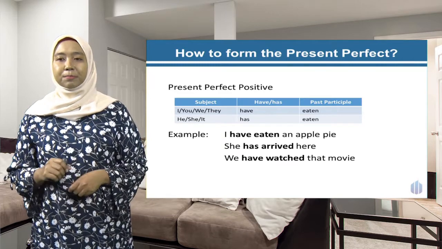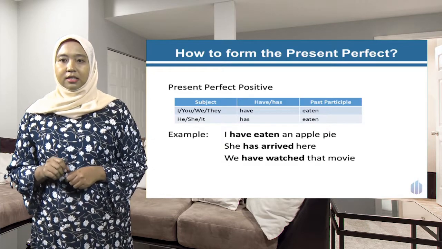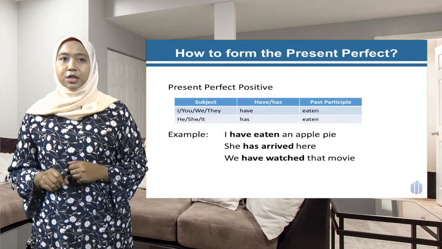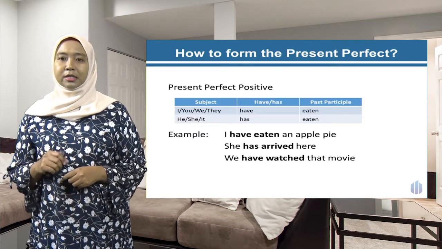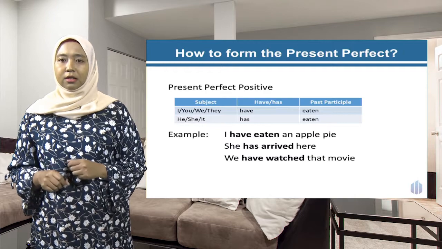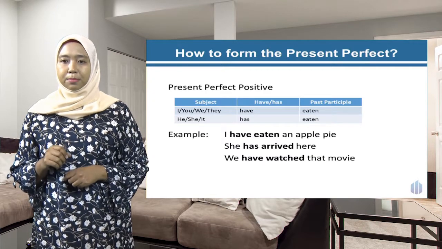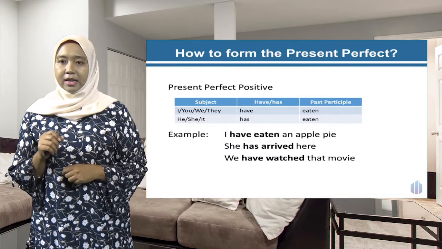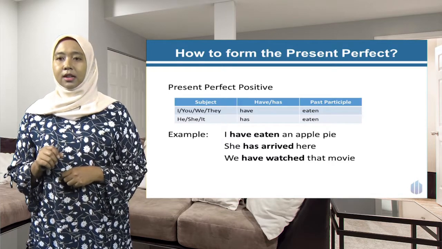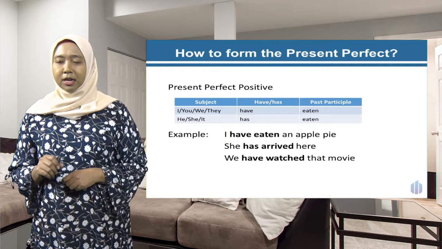If you have the subject I, you, we, or they in your sentence, you have to apply have and then past participle. But if your sentence has he, she, or it as the subject, you have to make has the verb, followed by the past participle.